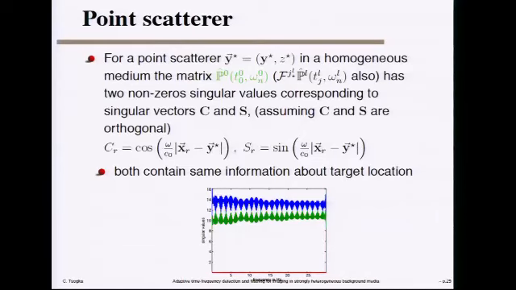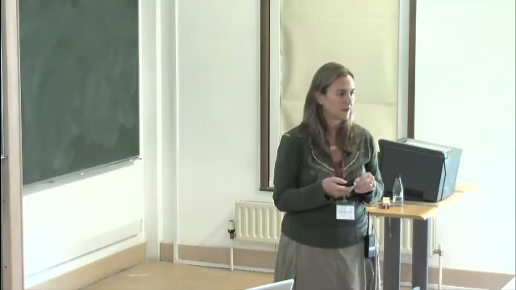Okay, so let me give you a small idea of why this works like that. I will consider first just a point scatterer located at the point (y*, z*) in a homogeneous medium. For this scatterer in the homogeneous medium, I compute the local cosine transform of the response matrix, and then I look at the singular values.